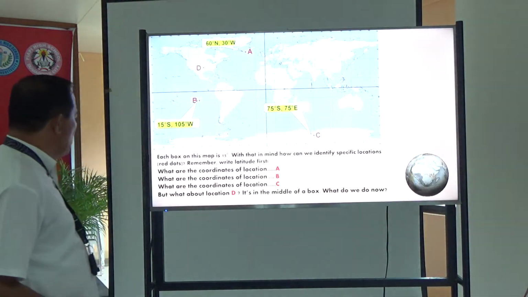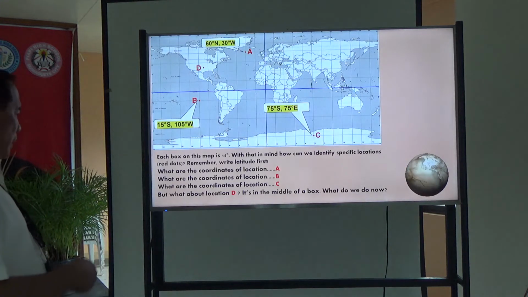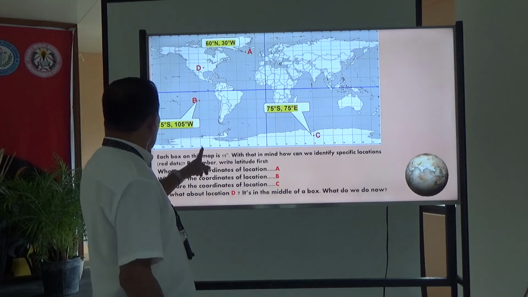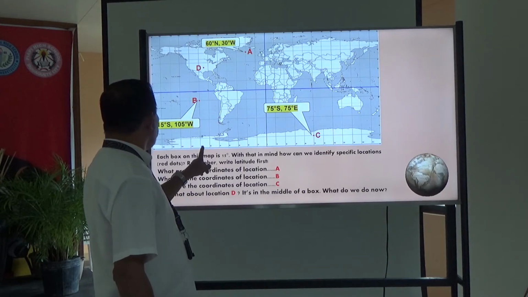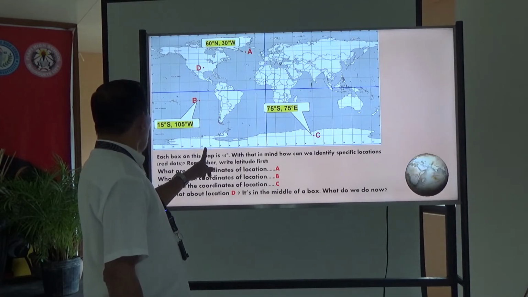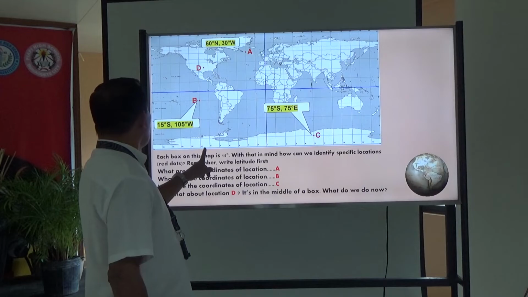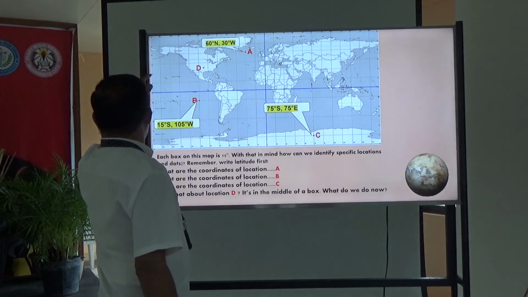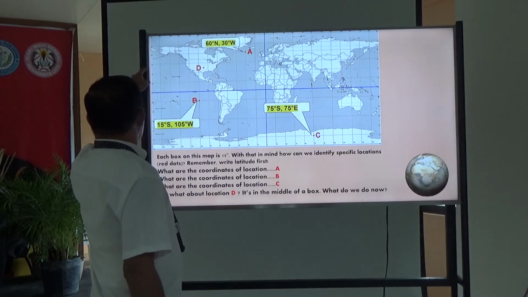How about letter D? It's in the middle of the box. What do we do now? So we have to calculate here. This is between 105 and 90. So this is 90 and we have to divide it. We have to estimate that line in here. And this is between 30 and 45. This is 15. This is 7.5.